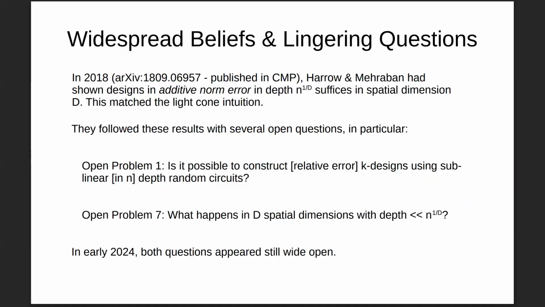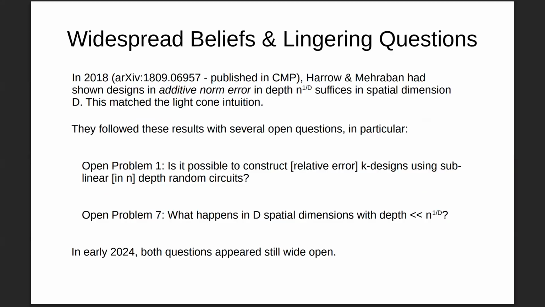So this was formalized as a couple of open questions in this paper of Haferkamp and Brandão, which was the state of the art on designs for a while. And they basically said two things. One is: does this light cone argument actually apply?